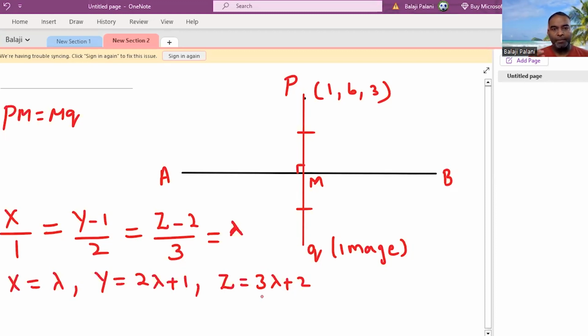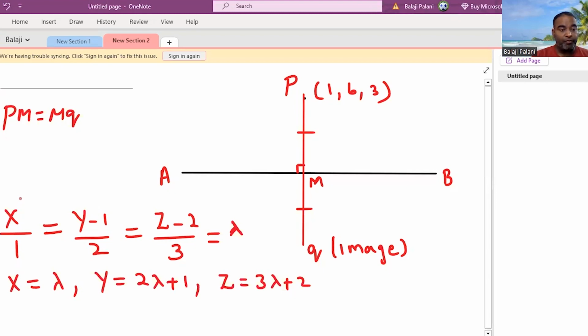And we know that PM is perpendicular to AB. So we can use the perpendicularity condition in 3D, which is a1 a2 plus b1 b2 plus c1 c2 is equal to 0. In short, we call it the sum of the products of their DRs is equal to 0, the condition for perpendicularity. So the DR of the line AB is here.